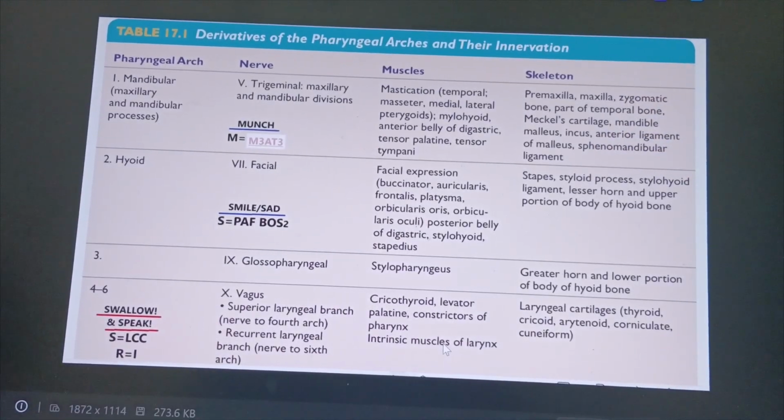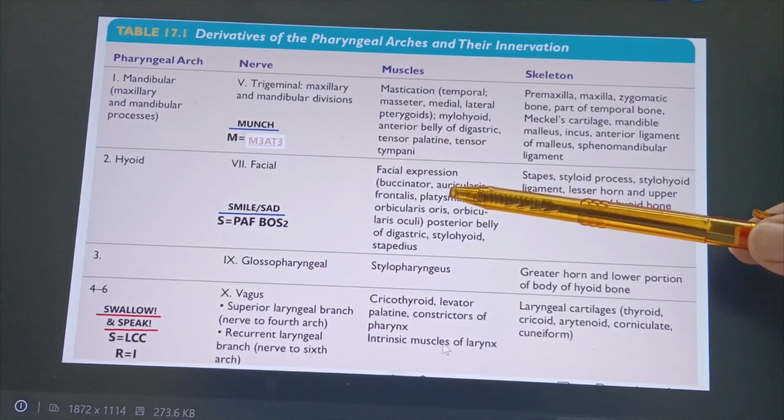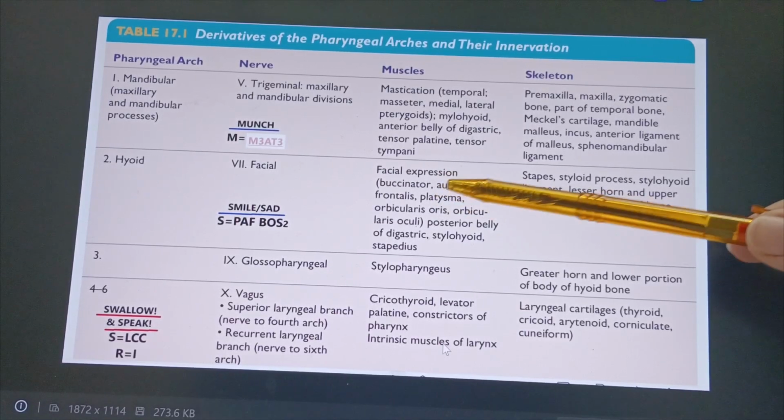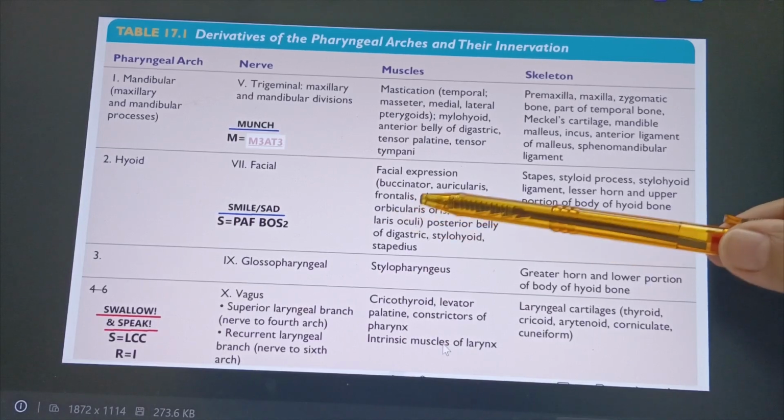Then you see that the hyoid arch, or second pharyngeal arch, is meant for facial expression, and muscles for these facial expressions will be derived from the second arch.